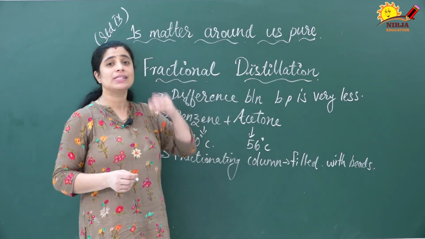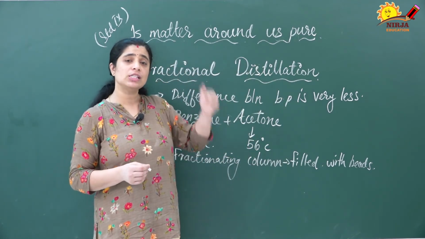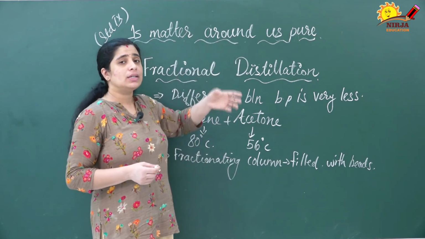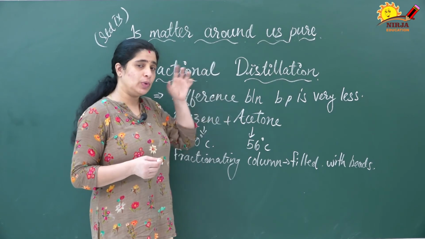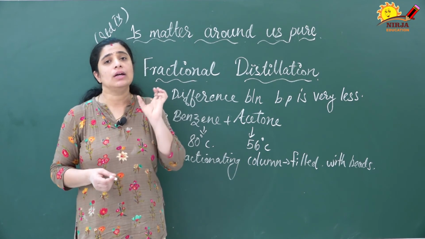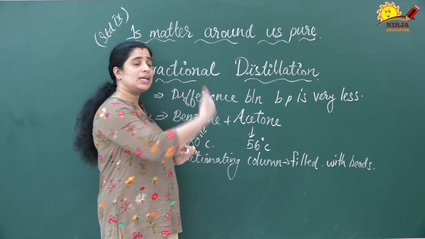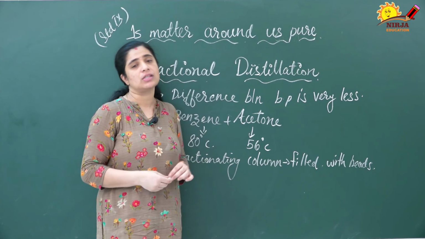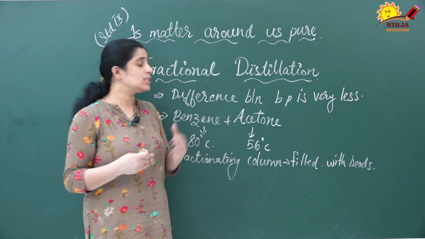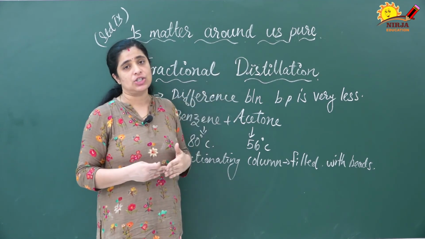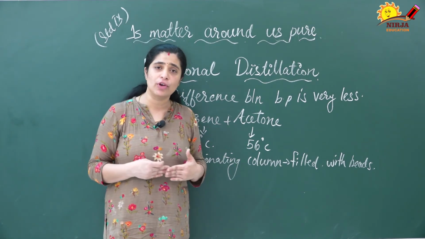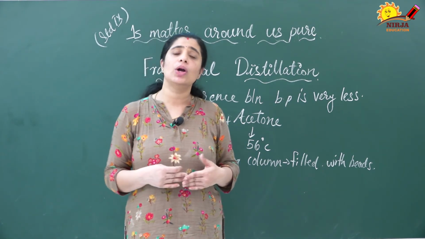The vapor of the less volatile substance will condense continuously, and the liquid will be there in the distillation flask only, because it will condense and return to the distillation flask. In this way you can separate two miscible liquids using fractional distillation. The boiling point difference should be very small. I hope all of you have understood today's topic. Thank you all and have a nice day.